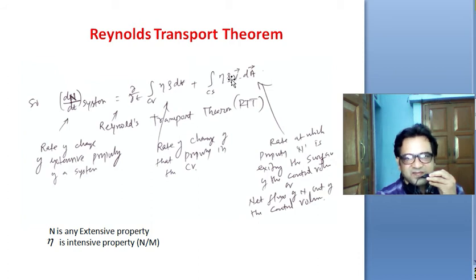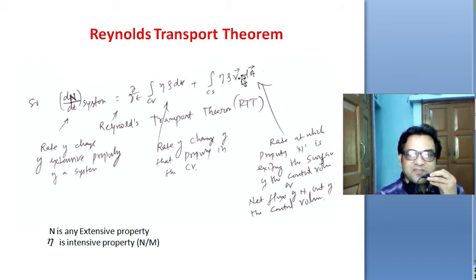basically it is the rate of the extensive property. Yes, net flux; in fluid mechanics we use the term flux. It may be the mass flux, the momentum flux, or the energy flux. Flux means per unit time. So this second term is the net flux of N out of the control volume, because at the outlet it's positive, at the inlet it is negative.